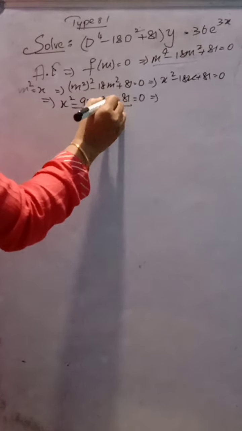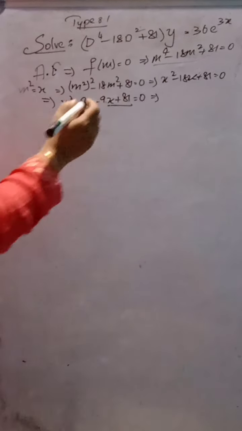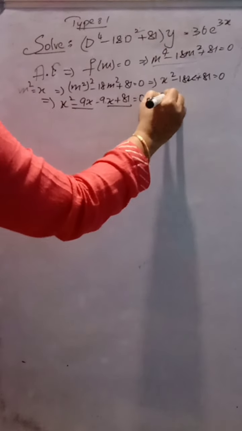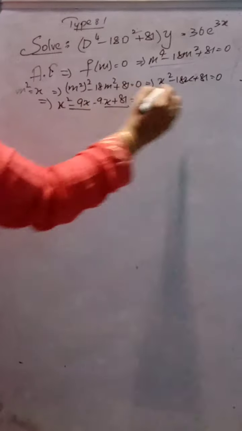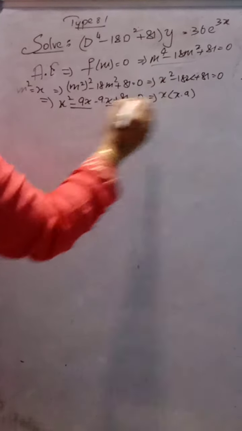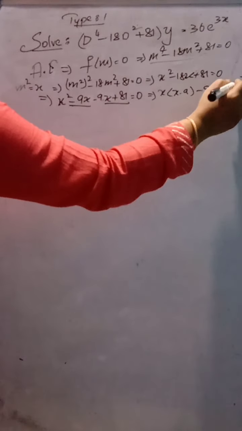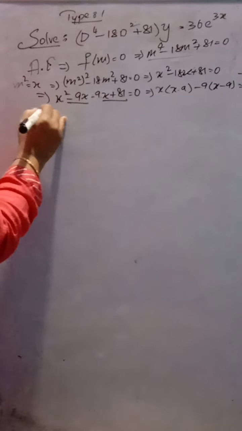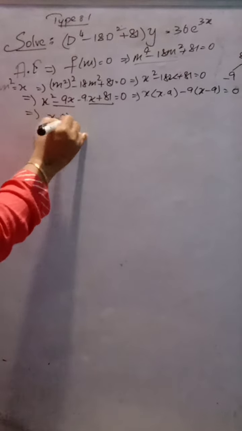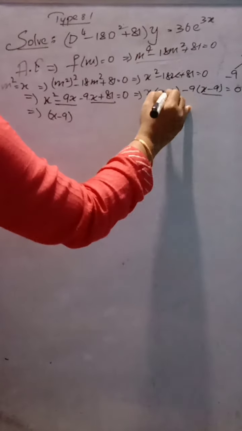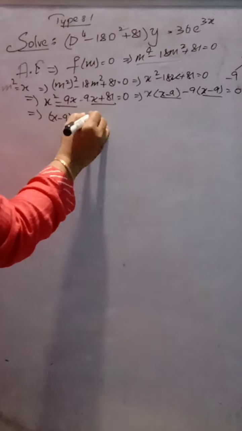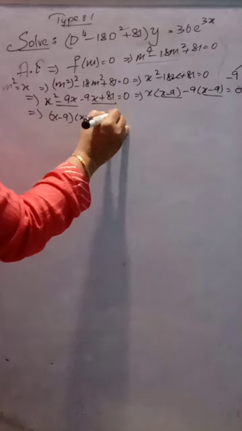Now grouping them, x is taken out common, so x minus 9, and from the next two terms we take minus 9 common, so you get again x minus 9 equal to 0. So x minus 9 is common in both, and taking it out, we are left with x minus 9 equal to 0.